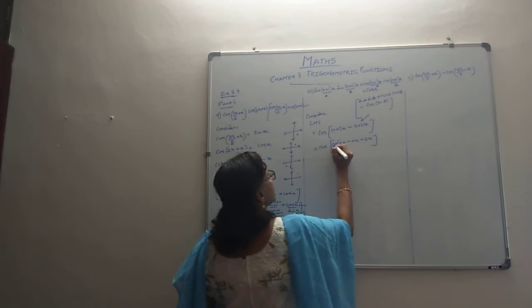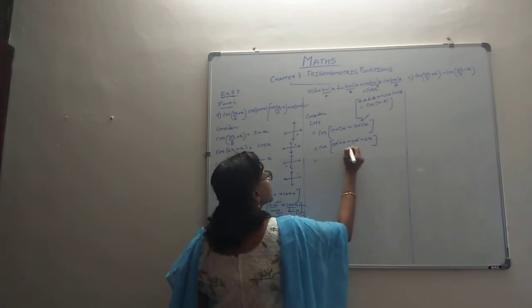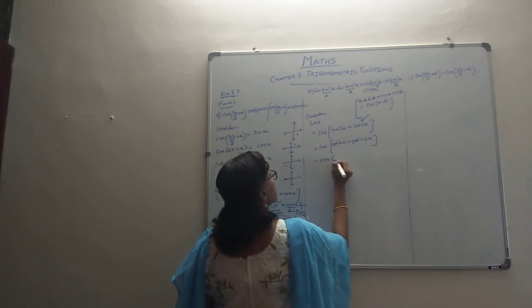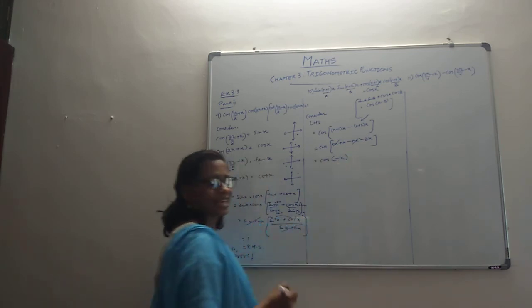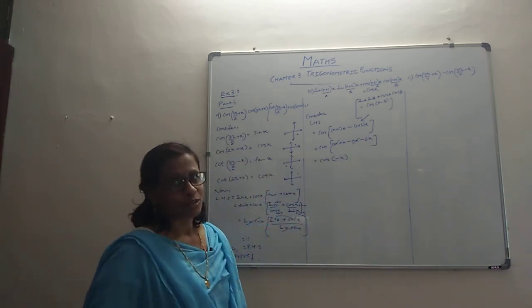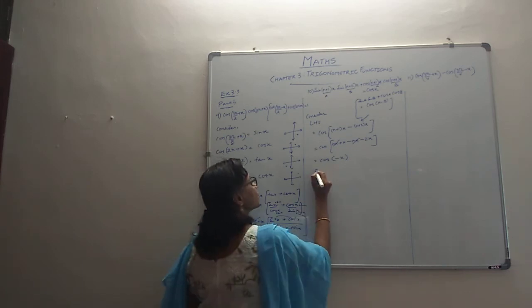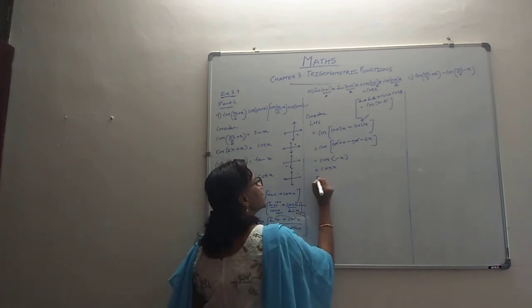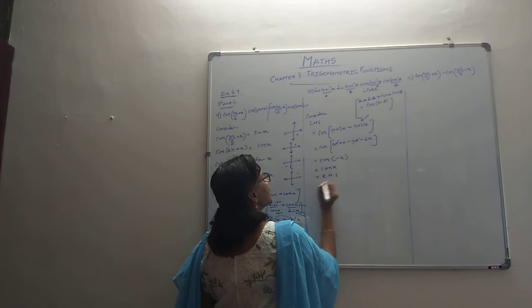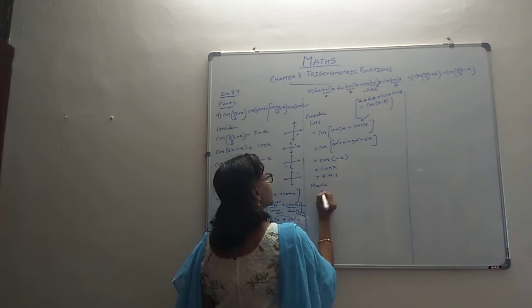So what will happen? nx and x will cancel. x minus 2x will become minus x. And we have learnt long ago that cos(minus x) is cos x. So like that, this becomes our RHS. That's how we prove our result. Hence proved.